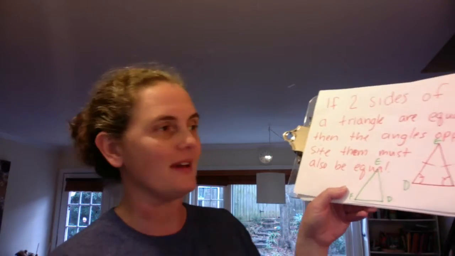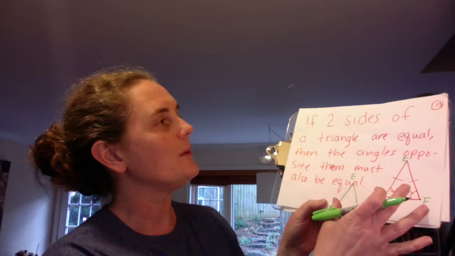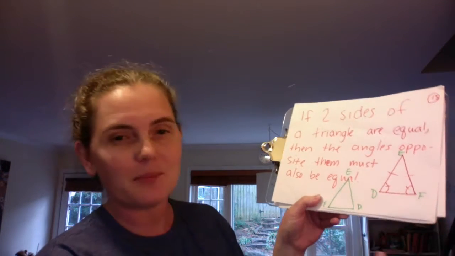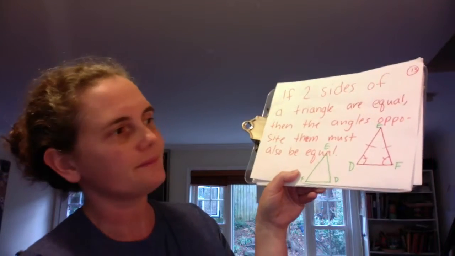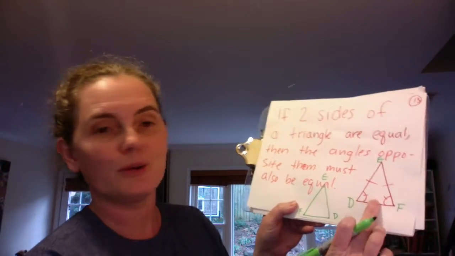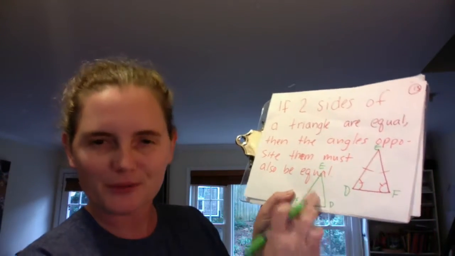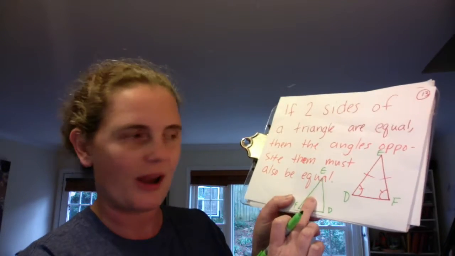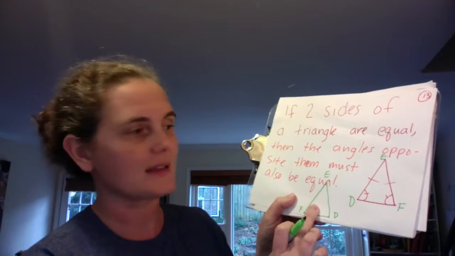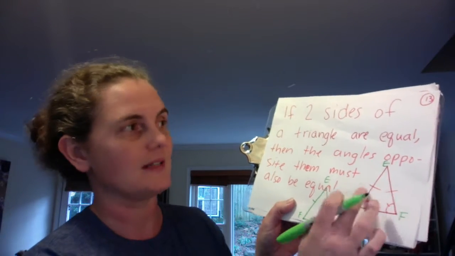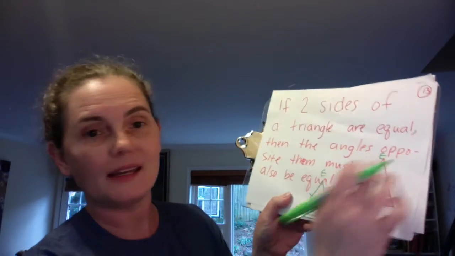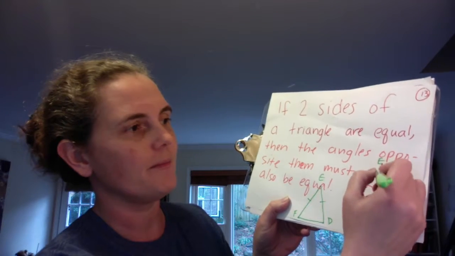In order to prove it, you can see probably pretty easily how it works. The two sides of the triangle are equal. And if you create this new sort of ghost, looking glass triangle, then you know a few things. You know that these sides wind up being equal to these sides. And you know that E is equal to itself, right?